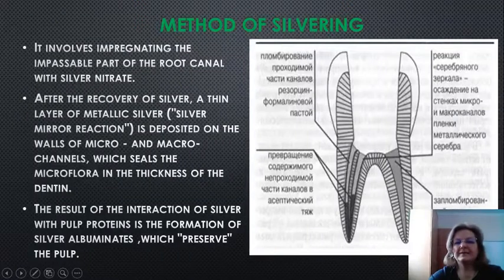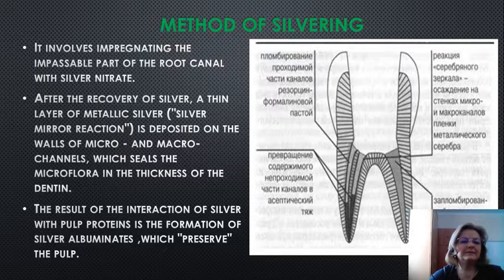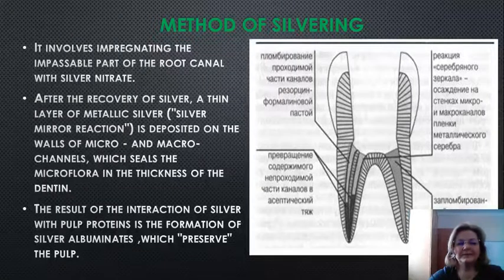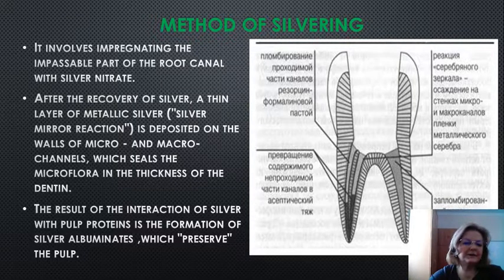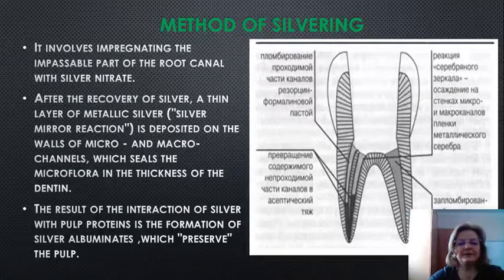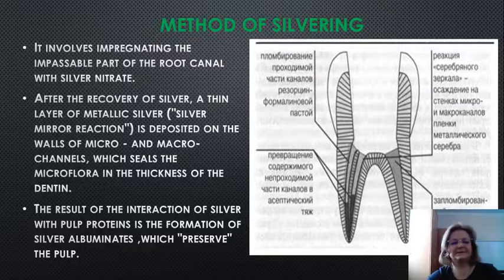The next method of impregnation is the method of silvering. It involves impregnation of the impassable part of the root canal with silver nitrate. After the recovery of silver, a thin layer of metallic silver, the silver mirror reaction, is deposited on the walls of micro canals, which seals the microflora in the thickness of the dentin.